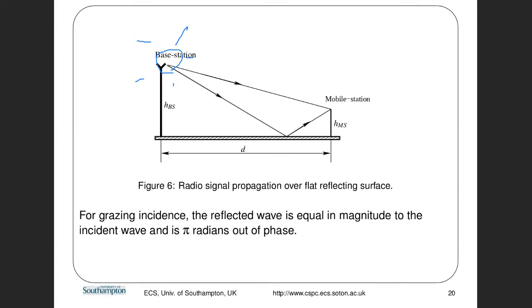However, for this model, the assumption is that from the mobile station's point of view, so as a receiver, it receives substantial power from two sources.